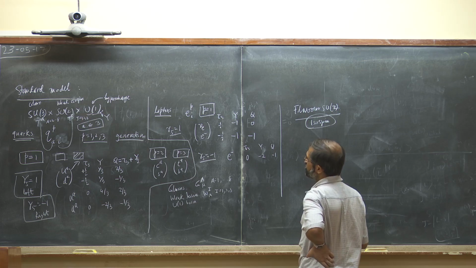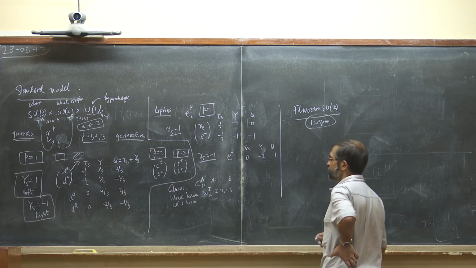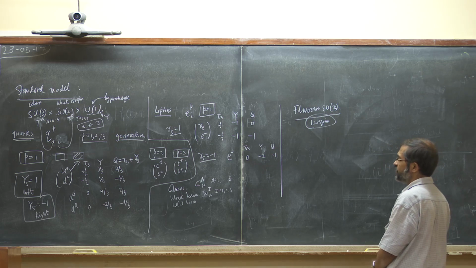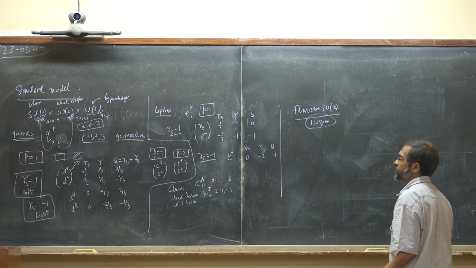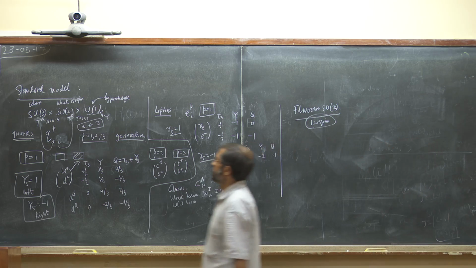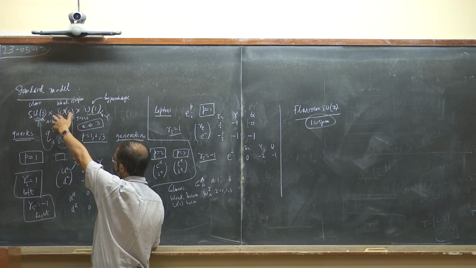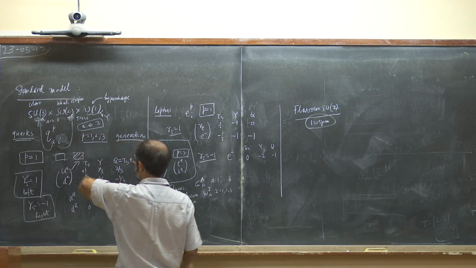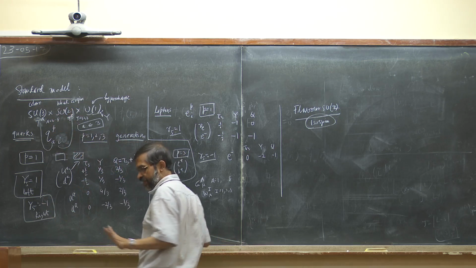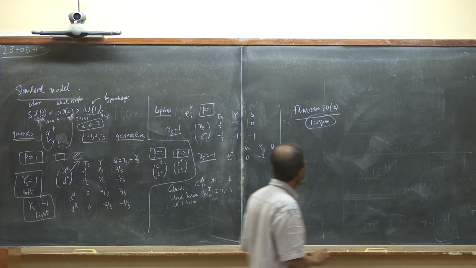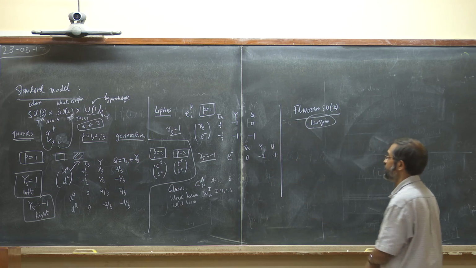There are various things I'm not telling you. For example, this interesting story of chiral symmetry is that the u and d really have very small mass, and to begin with, everybody has zero mass. All quarks, all leptons have zero mass.